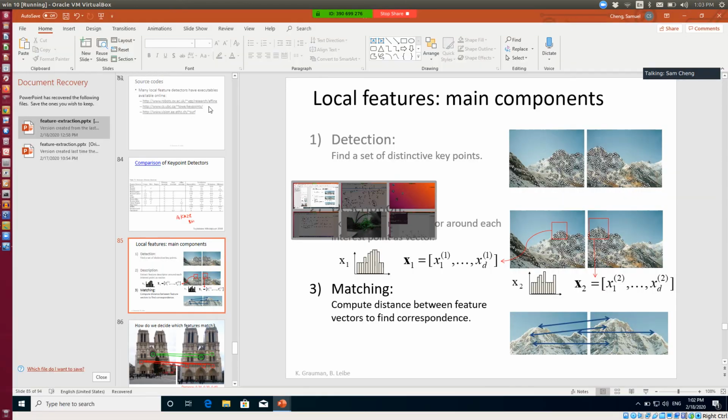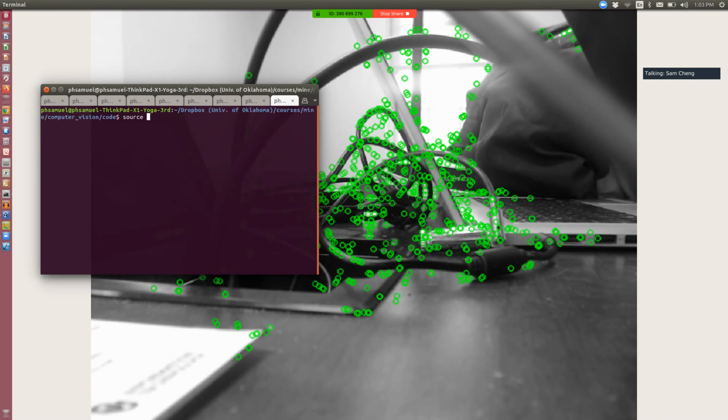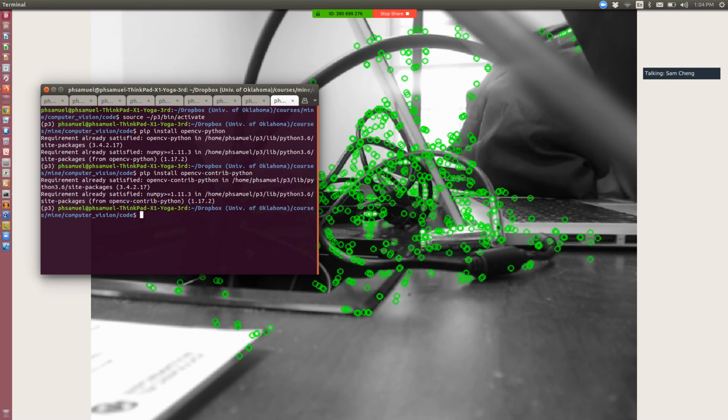When you install OpenCV, if you remember, we say pip install opencv-python. But because this is non-free, it's in the contrib package, so you need to install that package as well.